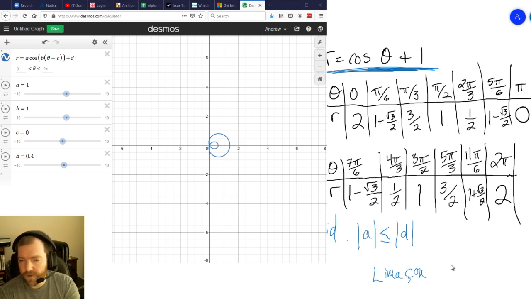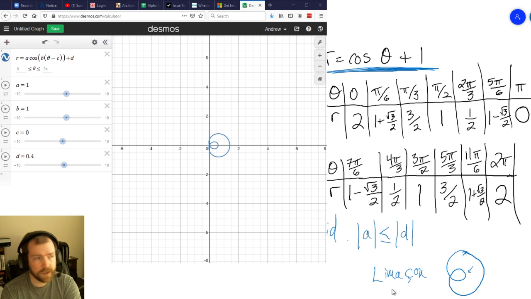So in a limaçon, we typically get some sort of loop. And typically for this, your a value will be greater than your d value.